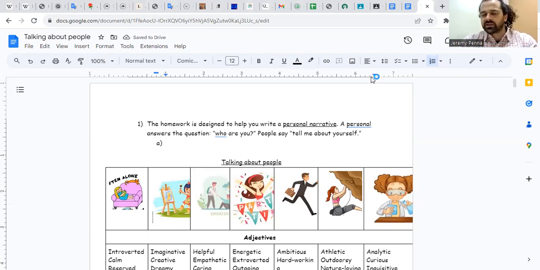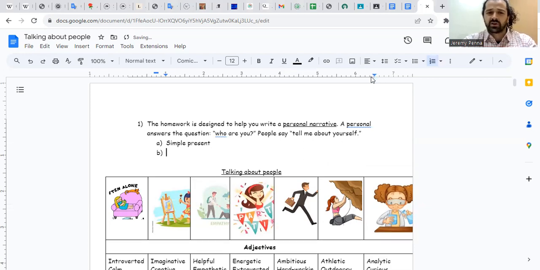It also is designed to work with three different grammatical structures. The first is the simple present, particularly with frequency adverbs. So, I always drink tea.